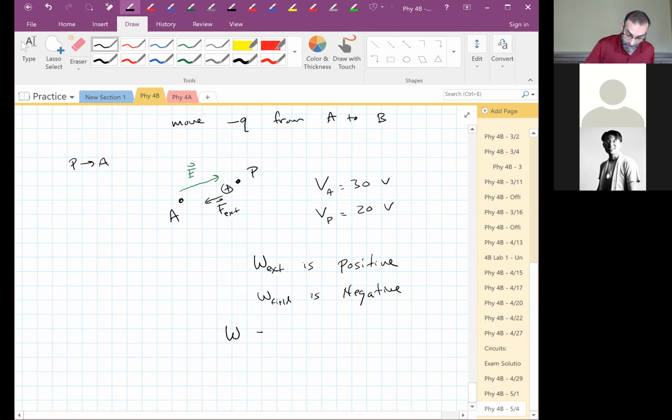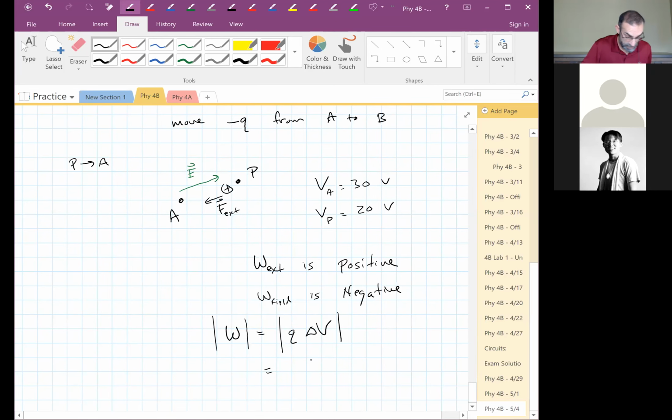And what do we know about work done? Work done is Q delta V. The reason I always write it like this is because in some textbooks it's the work done by the external force, in some it's the work done by the field, and so some have a minus sign, some don't. But I always like to remember it this way, and then I just use this to get the sign right. So I know my sign already before I even figure out the magnitude.